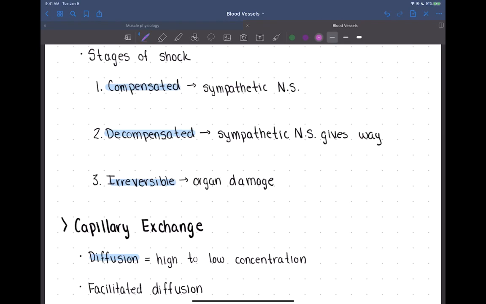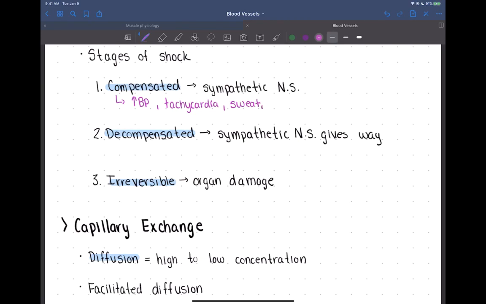So that sympathetic nervous system is going to increase blood pressure. That person is going to have tachycardia, all right? So an increase in heart rate, tachycardia. They would be sweating.